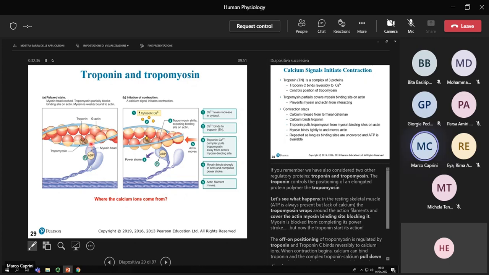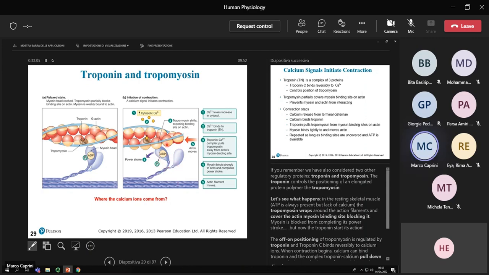And the myosin in this case is blocked from completing the power stroke. But now, when the calcium increases, it can bind to the troponin, shift the tropomyosin, and the power stroke can proceed.